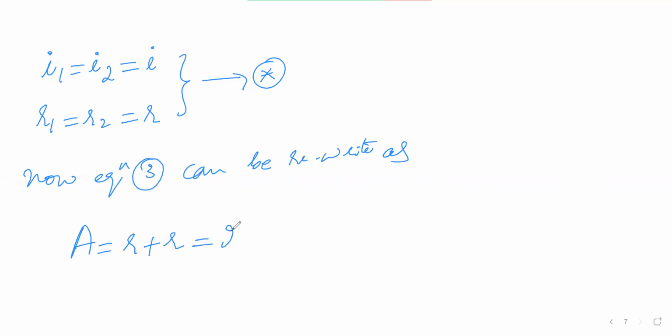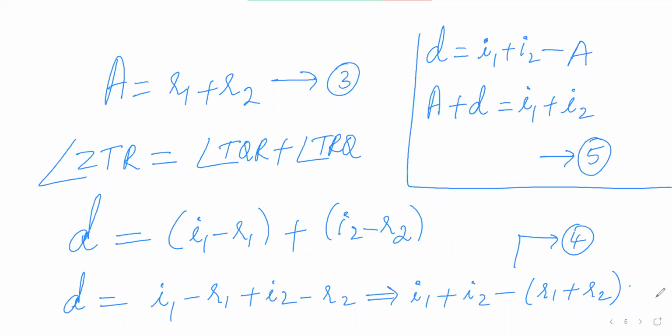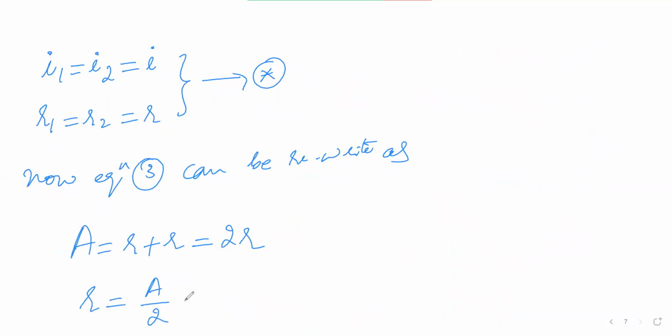So we can write it as 2R. Then R equals A by 2. I'll call it the fifth equation. Is it clear? Yes, sir.